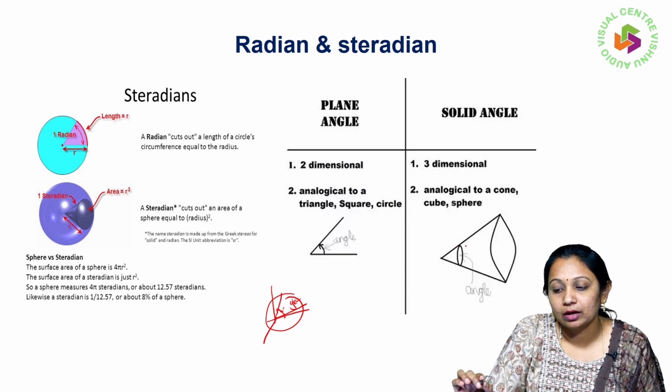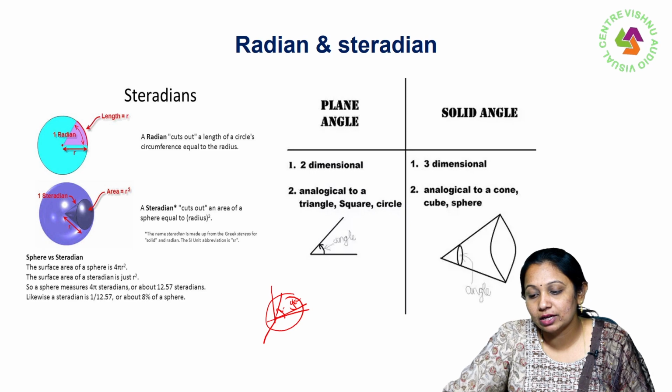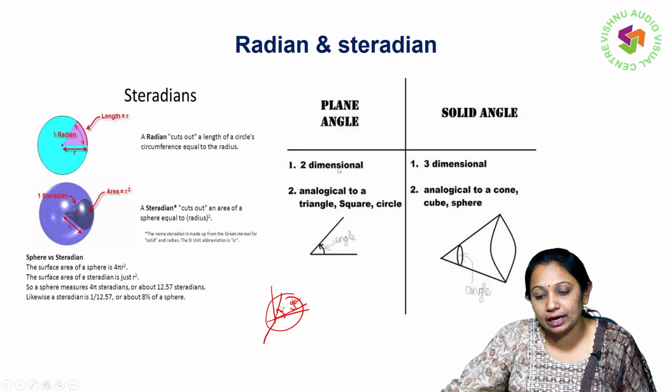If it is three-dimensional, then we call it a steradian. Simply, radian is two-dimensional and steradian is the solid angle, which is three-dimensional.